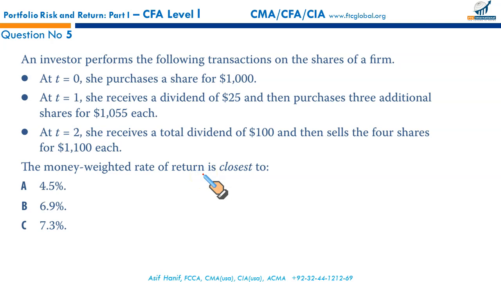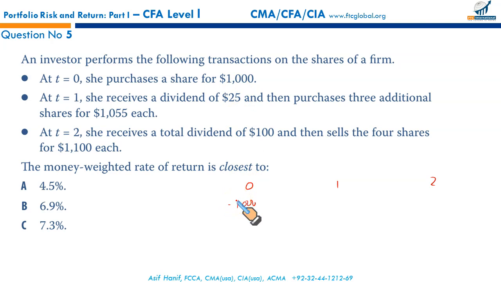Okay, so to calculate the money weighted return, we need to find that particular discount rate that would sum the present value of cash flows to 0. So we have 3 cash flows. Let's first see. At year 0, we invest 1,000, that is negative.